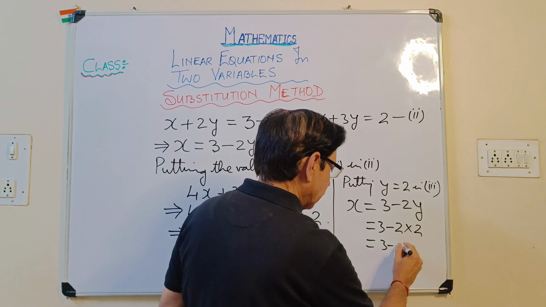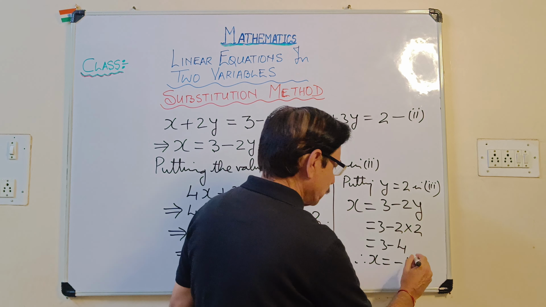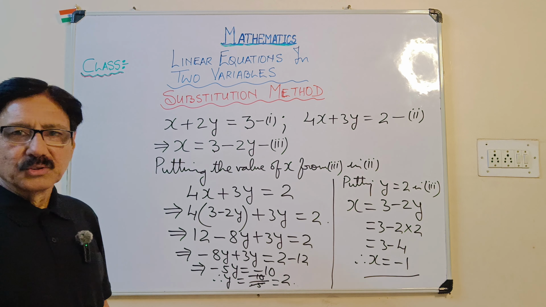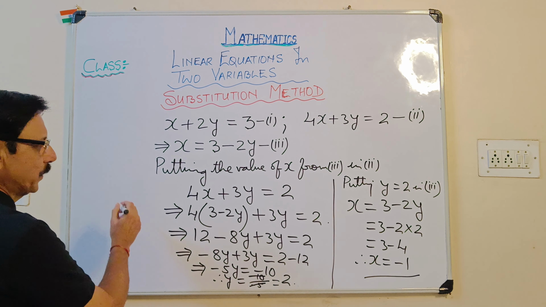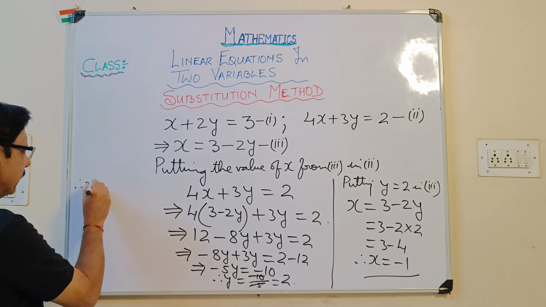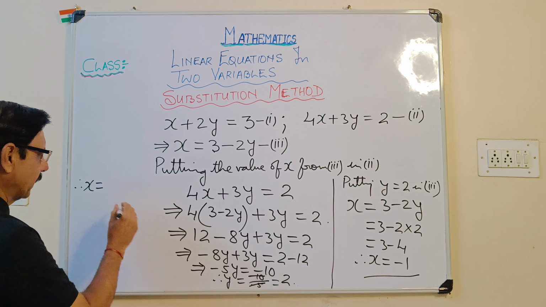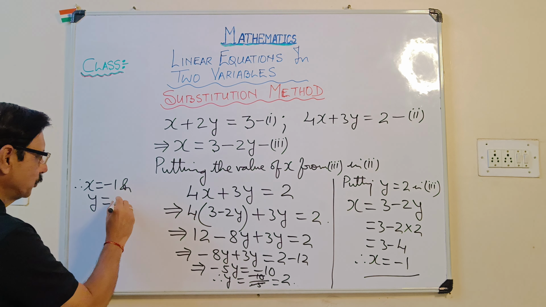So it will be 3 minus 4. So therefore x is equals to minus 1. So the final solution of the pair of linear equations in two variables is that therefore you can say x is equals to minus 1 and y is equals to 2.